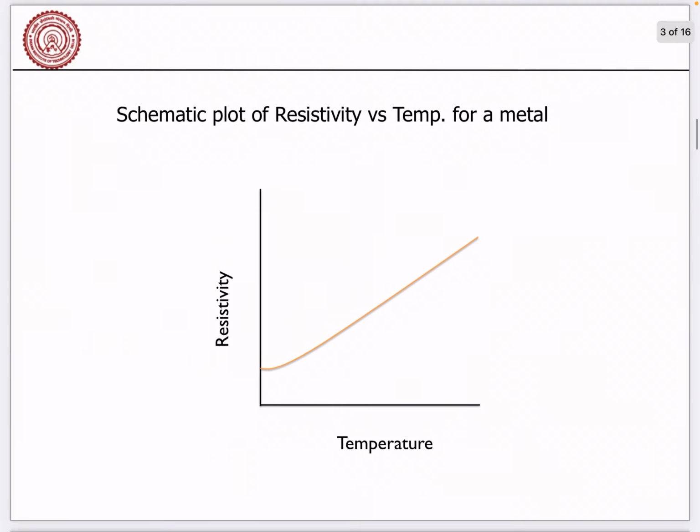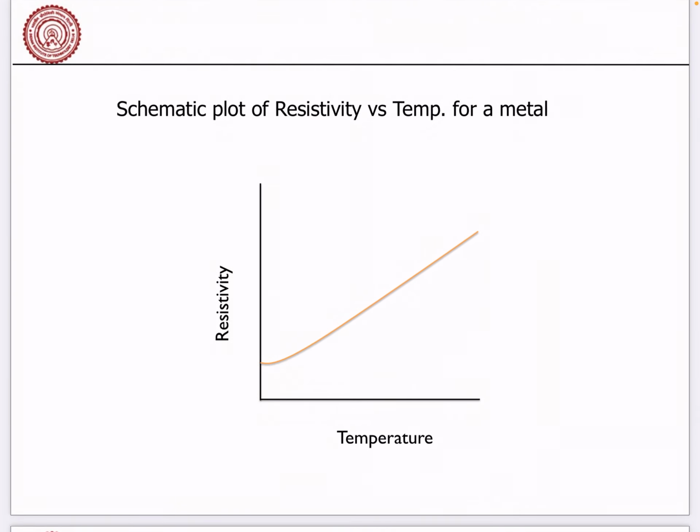If you measure the resistivity, for example, of a metal, right? What you see is that if you keep on measuring the resistivity as a function of temperature, then the data that you get is like this, right? So that means the resistivity increases as a function of temperature, right? So that means there is a certain physics which is working in to define the resistivity as you increase the temperature, right?